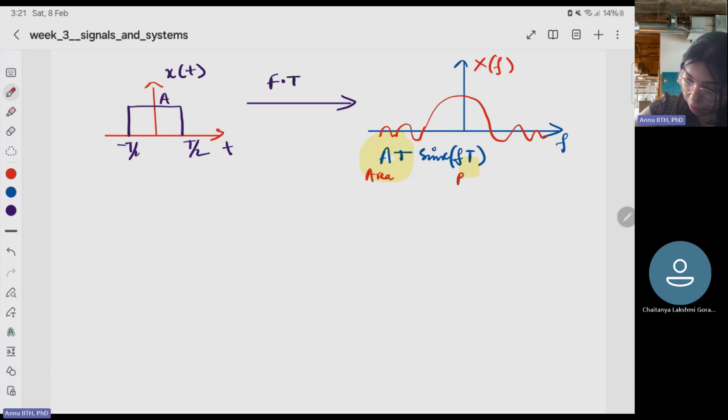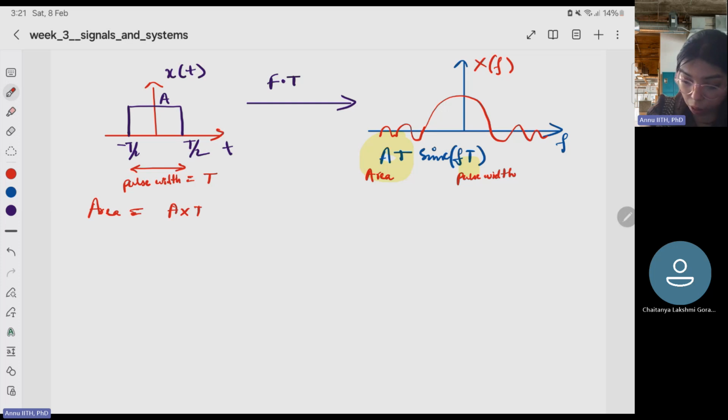This is pulse width. So for any rectangular pulse, whatever the area is, that will be the amplitude or the scaling factor, and inside that is the pulse width. So the pulse width is T, right? And the area of the rectangle is A into T, isn't it? So that's what it was.